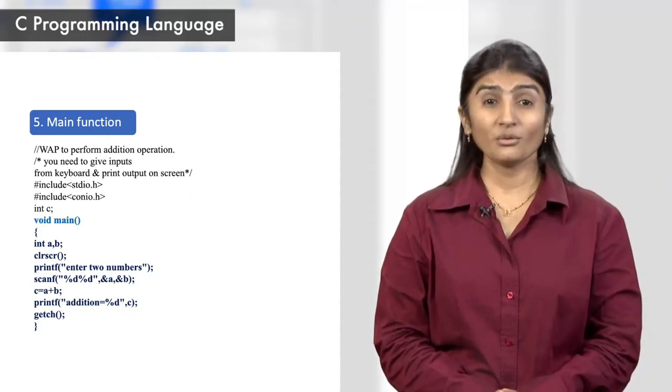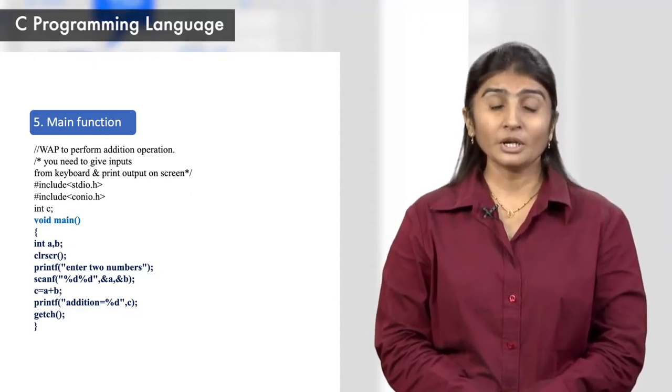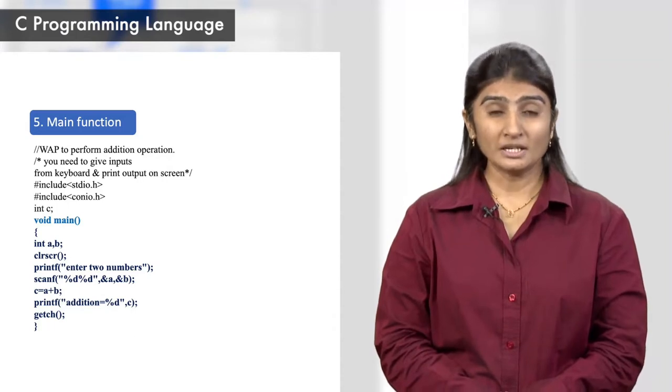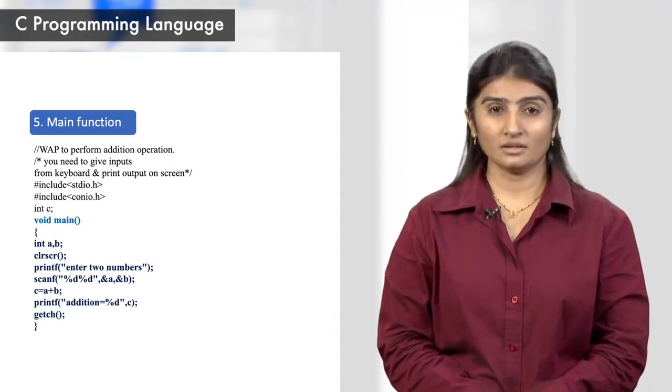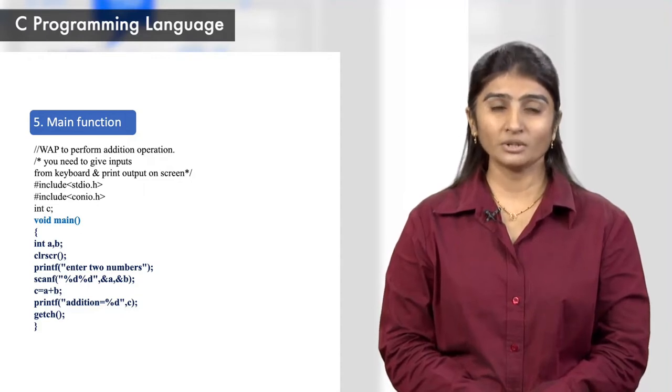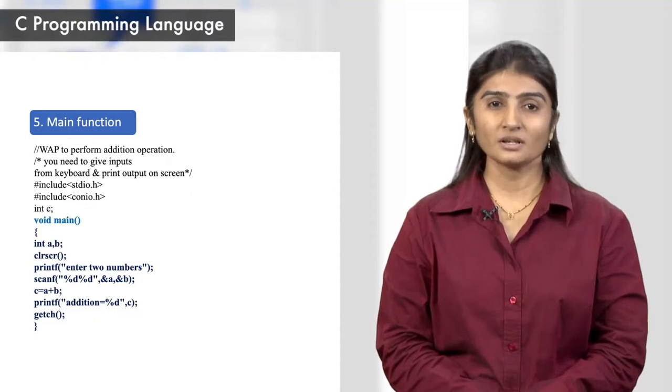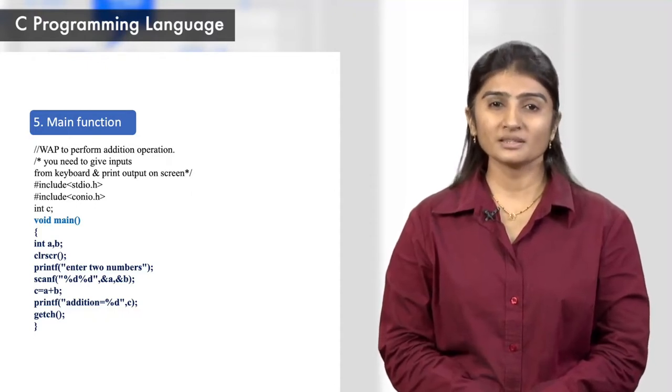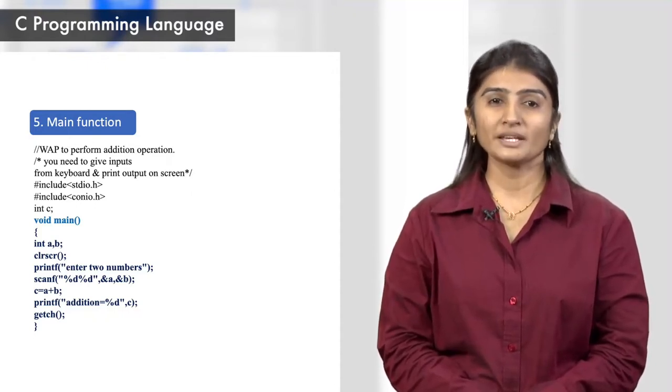So when we are implementing a program, we have to write its specific logic. In programming, we will use specific statements. For addition, we will use the plus symbol, for subtraction we will use the minus symbol.